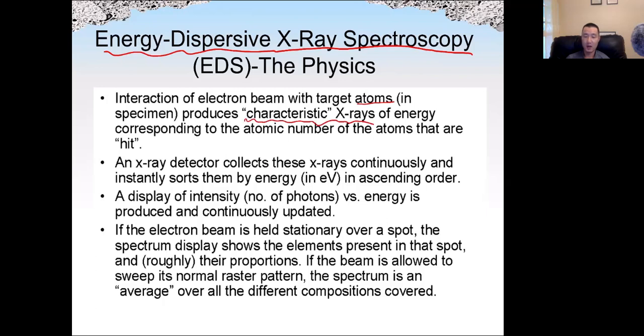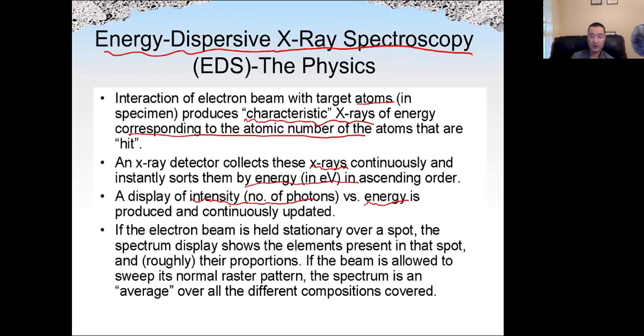We call that the characteristic X-ray, which corresponds to the atomic number. So in other words, different atoms will have different characteristic X-rays. The X-ray detector will collect these X-rays and sort them by energy level, so we can have a display of intensity versus energy.